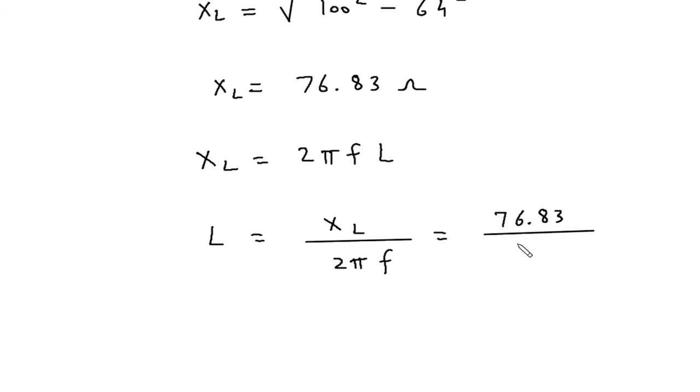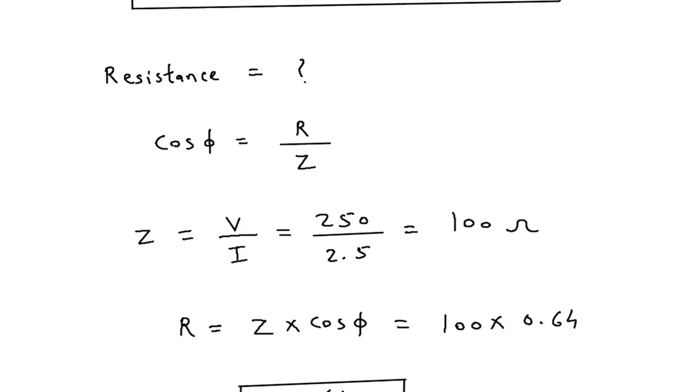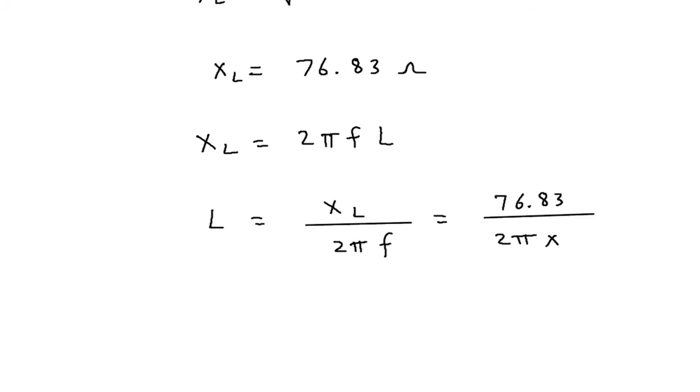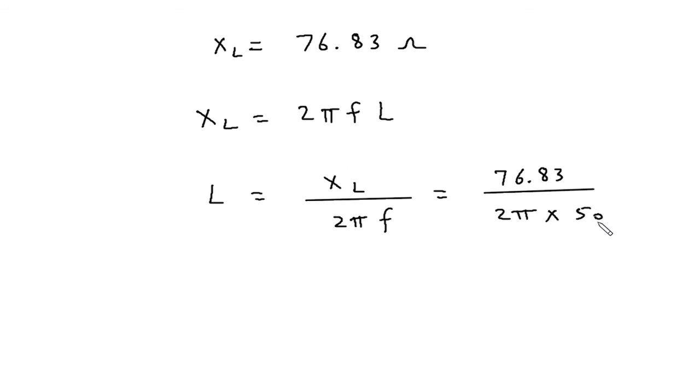So 76.83 divided by 2 pi multiplied by F. Now the value of F is the frequency and the value of frequency is 50 Hertz. So this will be 50.